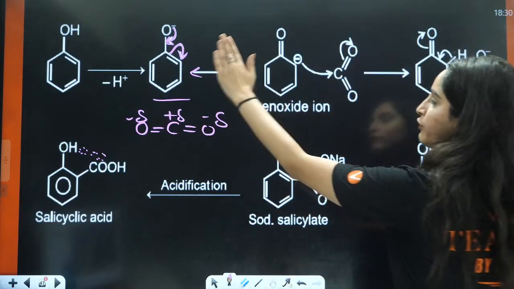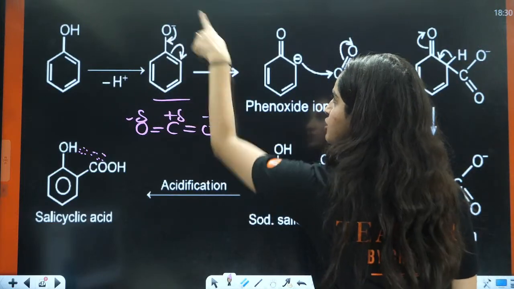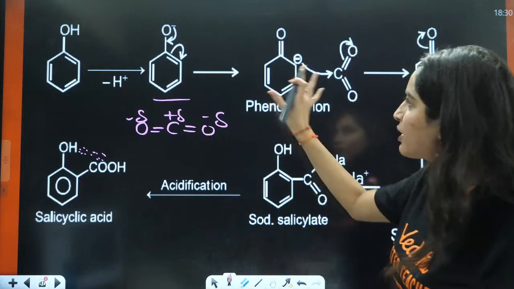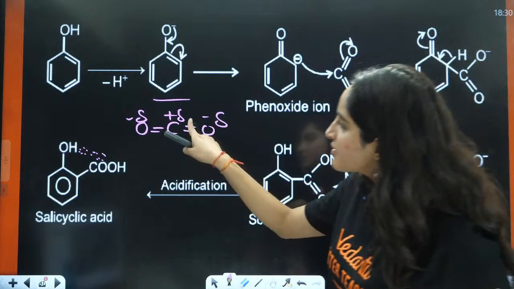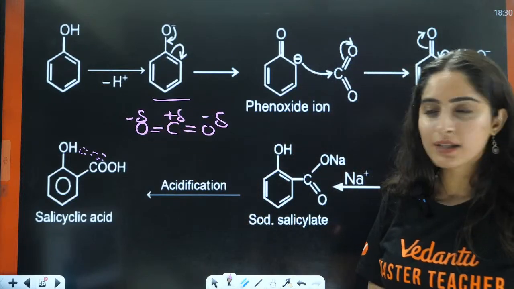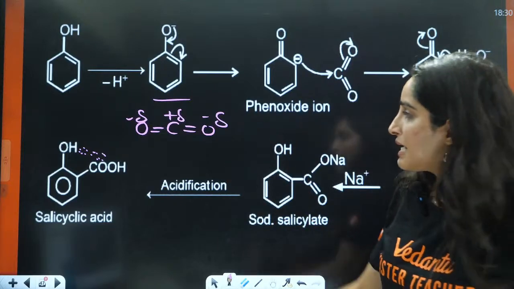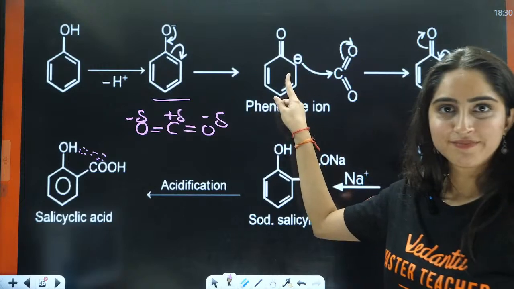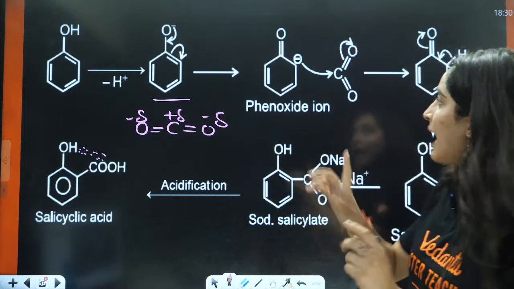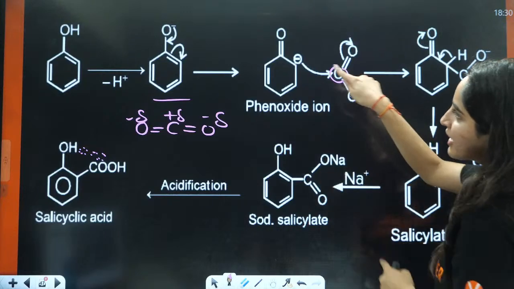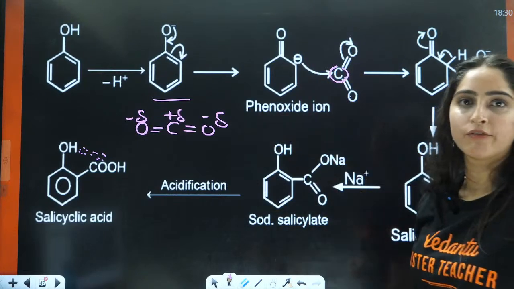We know that when we were doing the resonating structures of this phenoxide ion, this is one of the structures. And this carbon dioxide has this kind of electron density. This is positive, this is negative. Positive, negative, positive, negative. They will attract each other. And the carbon of this carbon dioxide is going to get attracted towards this negative, right?